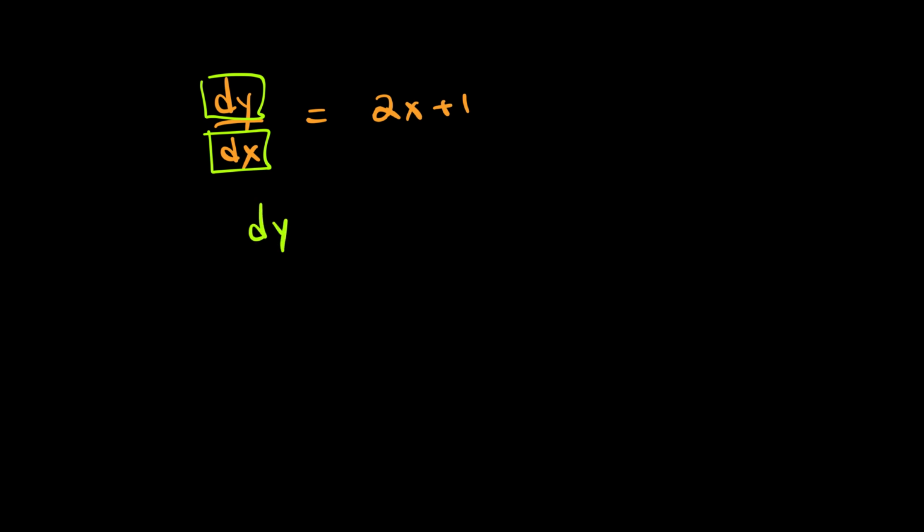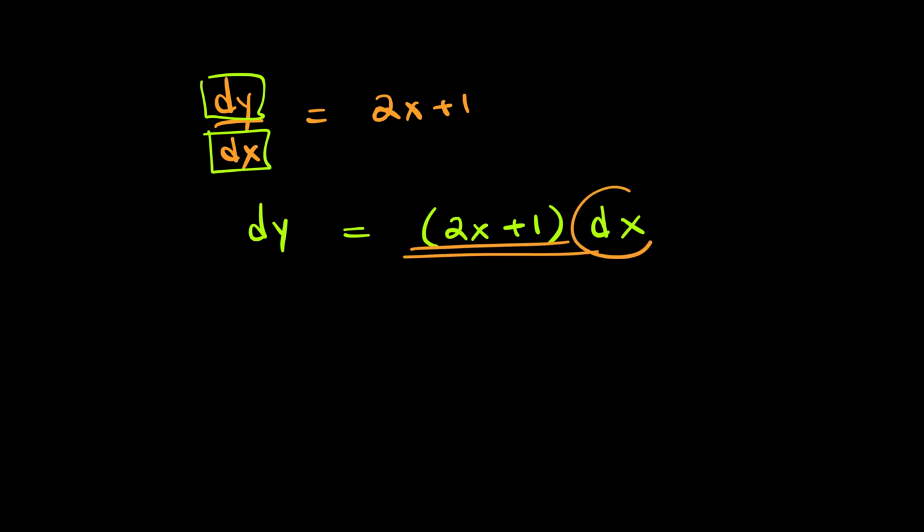What we will do is that we will write dy by dx is equal to 2x plus 1. And this dy and dx can be moved around. So dy is equal to (2x plus 1) in brackets multiplying with dx. That is the first thing that we did. The logic is write everything in x with dx and everything in y with dy.